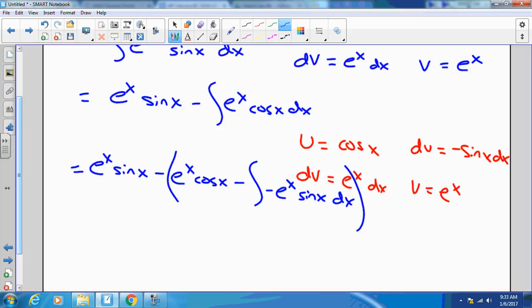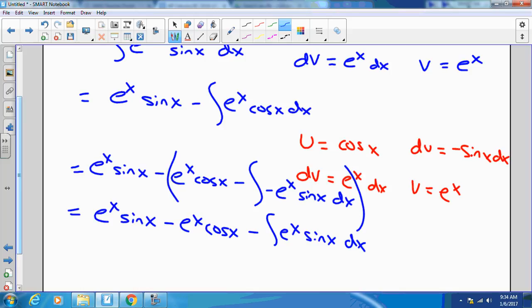This is one of those instances of the triple negatives that I warned you about, right? We've got -1 times -1 times -1. And so I get minus the integral.